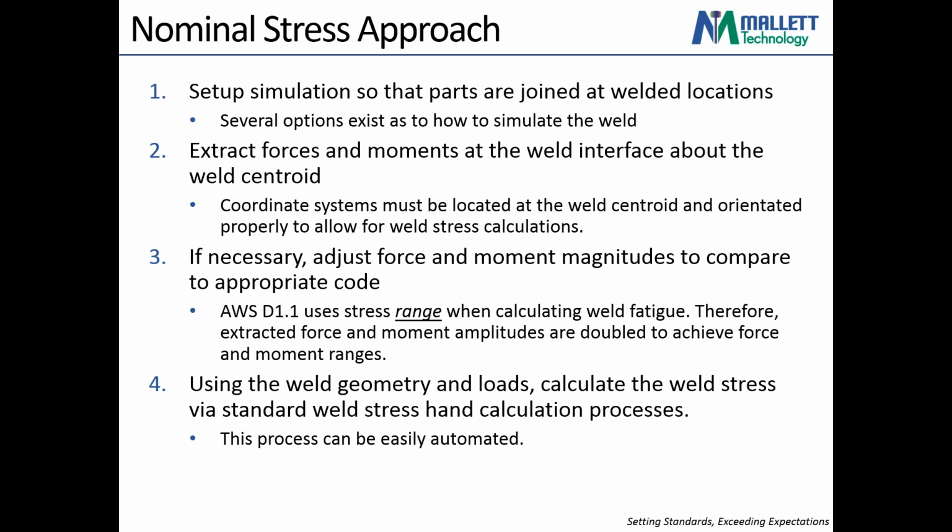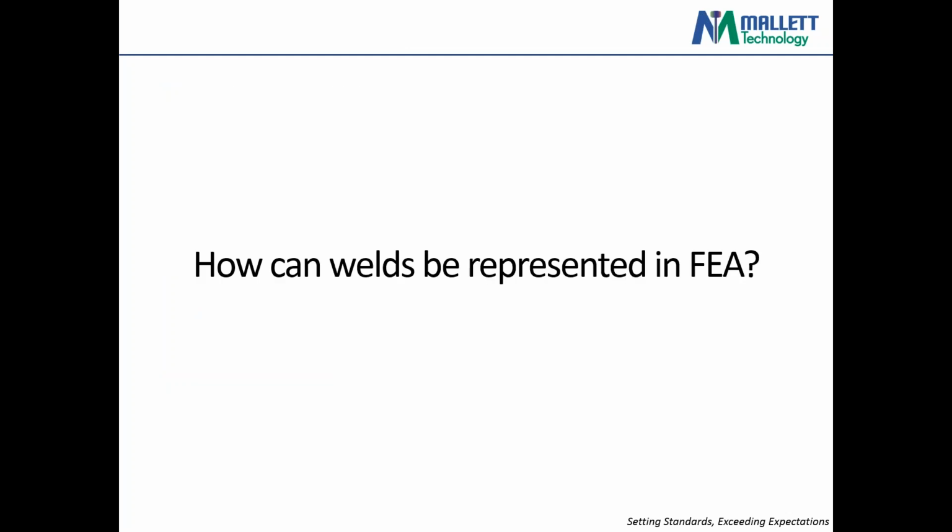So in that case, we need to double the amplitude to get the stress range so we can compare it accordingly. And then step 4, we use our known weld geometry characteristics to calculate the weld stress, and then compare that back to the allowable stresses.